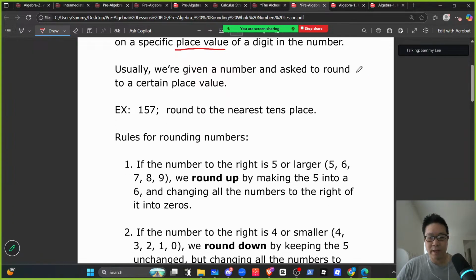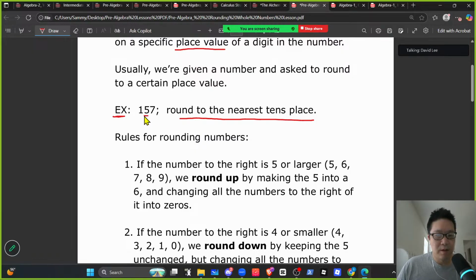Usually when they ask us to round numbers, we're given a number like 157, and we're asked to round to the nearest tens place. So what number is in the tens place? The 5.